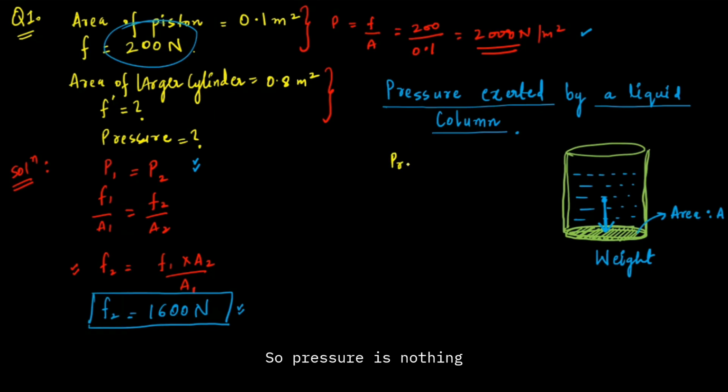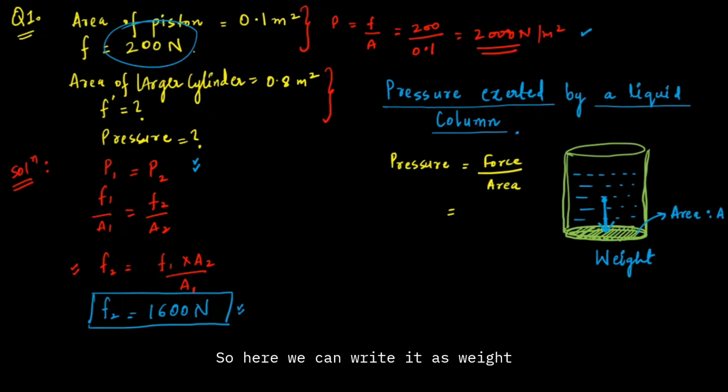Pressure is nothing but force upon area. And here, the force which this bottom is experiencing is basically the weight of the liquid. Again, you should remember that weight is another kind of force. So here you can write it as weight per unit area.